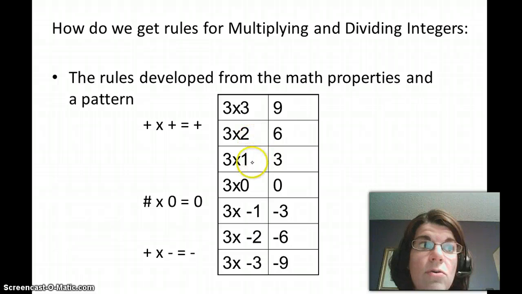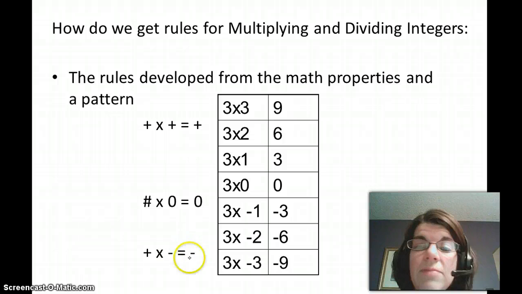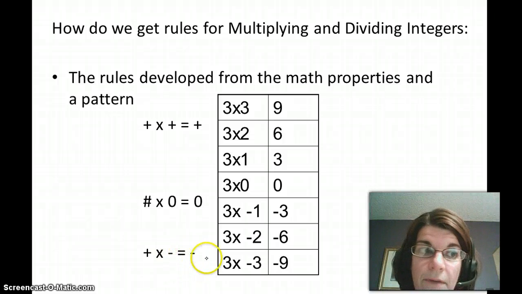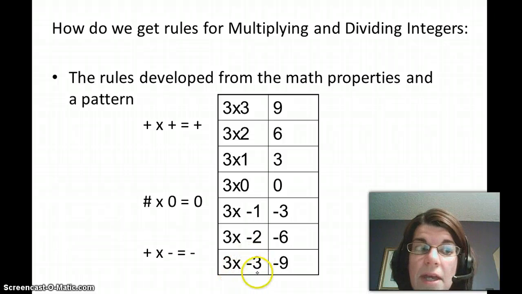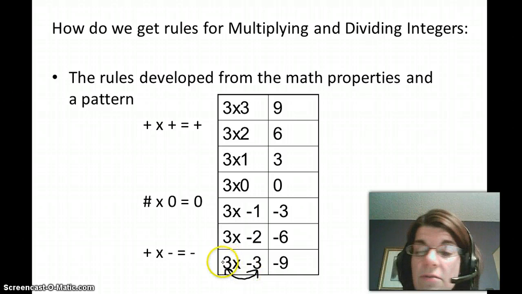So 3, 2, 1, 0, negative 1, negative 2, negative 3, and then our answer becomes negative 3, negative 6, negative 9. So a positive times a positive gives you a positive result. A positive times a negative gives you a negative. So take a look. I have the positive 3 here times the negative 3. The commutative property allows me to switch the order. So I can have the negative go first.